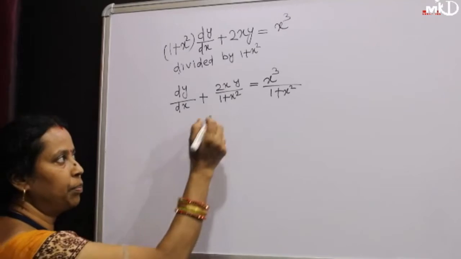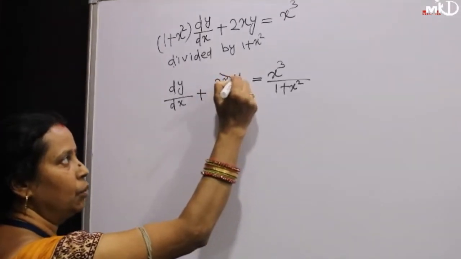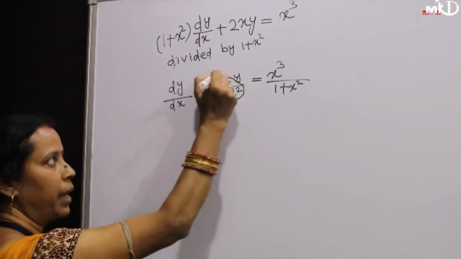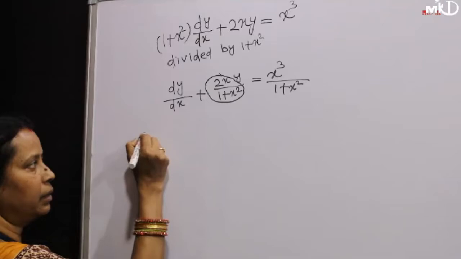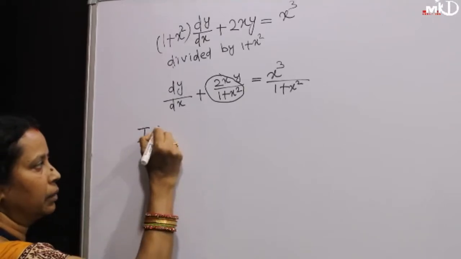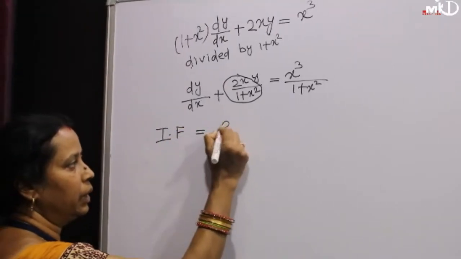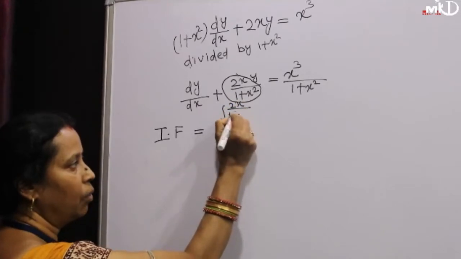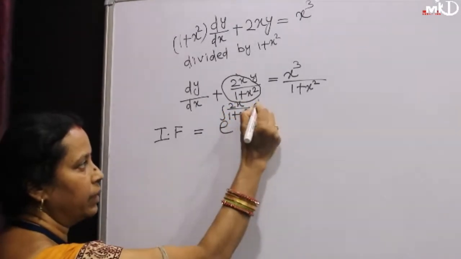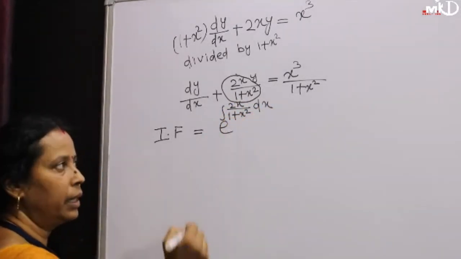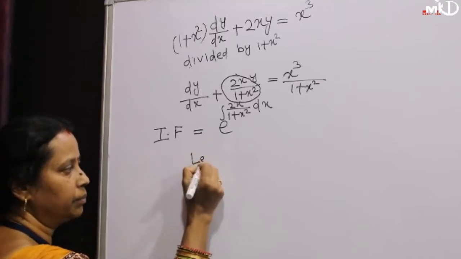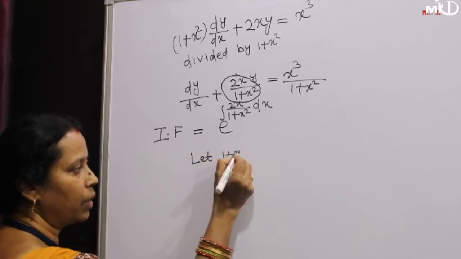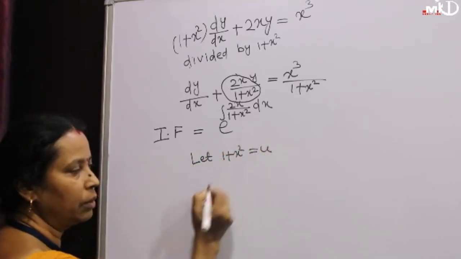And what is our p? P is equal to 2x by 1 plus x square. Now we find the integrating factor. It is equal to e to the power integration of 2x by 1 plus x square dx. Now we find the integration. Let 1 plus x square be equal to u.